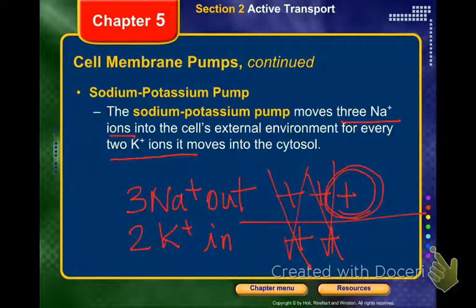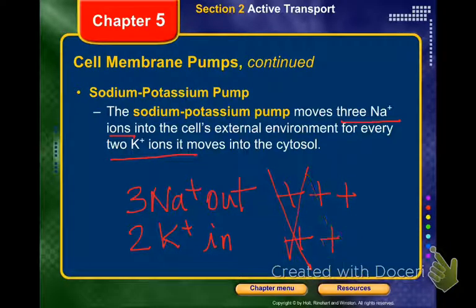Which way would atoms want to move on their own, passively? They want to go from which direction? High to low. So which way would they want to move? Passively. Well, I put all my X's there.